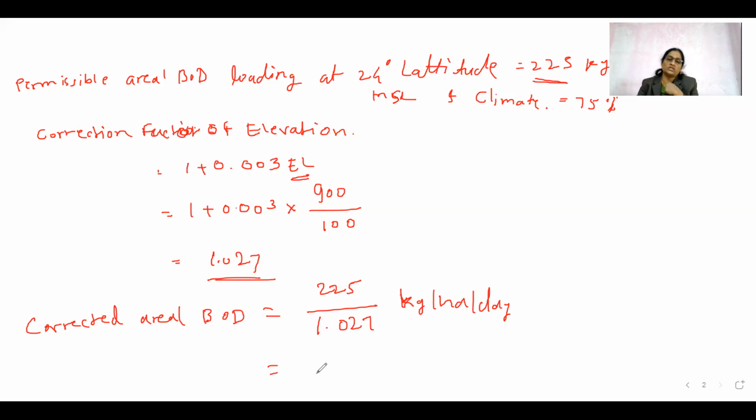That will be the calculation for aerial BOD loading in kg per hectare per day.